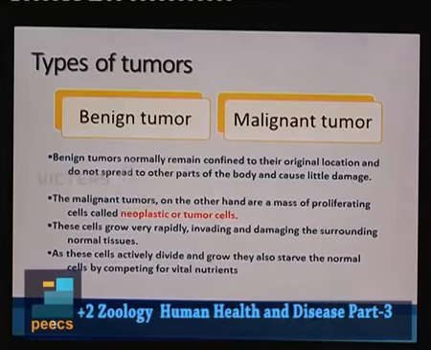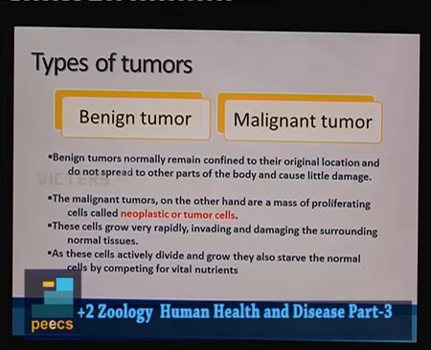Tumors can be classified into two types: benign tumor and malignant tumor. What is benign tumor? Benign tumors remain confined to their original location. They are not spreading, they are not making harm for that individual. But in the case of malignant tumors, it will spread to different locations of the body.